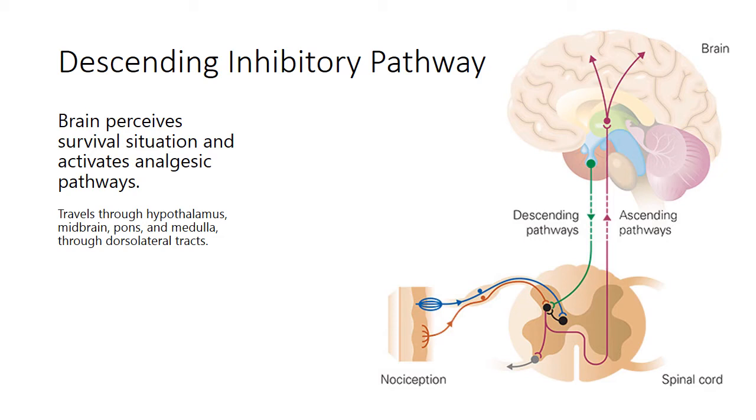And the way that our bodies are able to do this is through these descending inhibitory pathways. And if we look at this diagram on the right, we'll see that our descending pathway is expressed here as this green arrow that I'm just following.